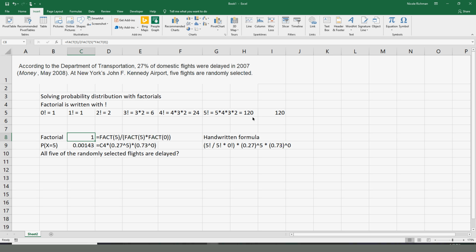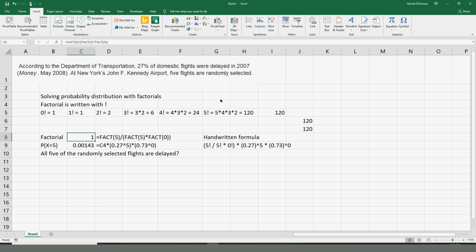Well, we know the factorial of 5 is 120, and so then the factorial of 5, so 120 times 1, because the factorial of 0 is 1, is 120. So 120 divided by 120 is 1.